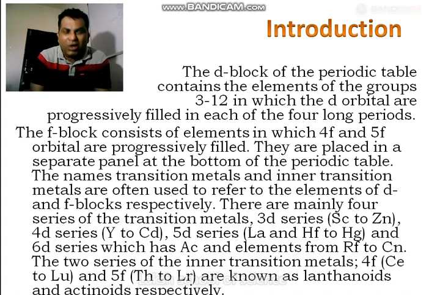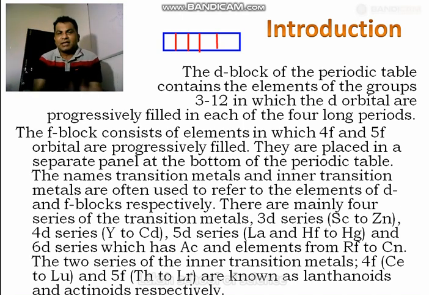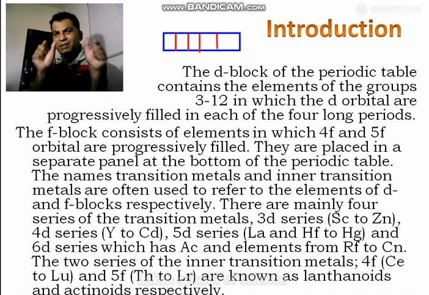If we talk about the D block, then the D block has a total of 5 parts. How many parts? 5. So if we go with this D block, it is divided like this into 1, 2, 3, 4 and 5. So there are a total of 5 blocks.